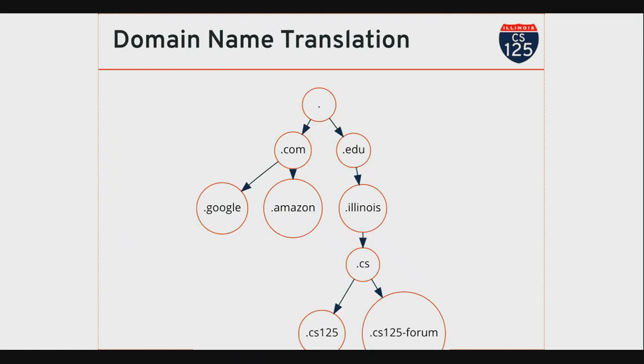And then again, like I said, the way that domain names are translated, right? So both cs125 and .cs are domain names that I got by talking to somebody who works in the CS department who controls all of this space. So if you want to put something in front of .cs, you know who to talk to.